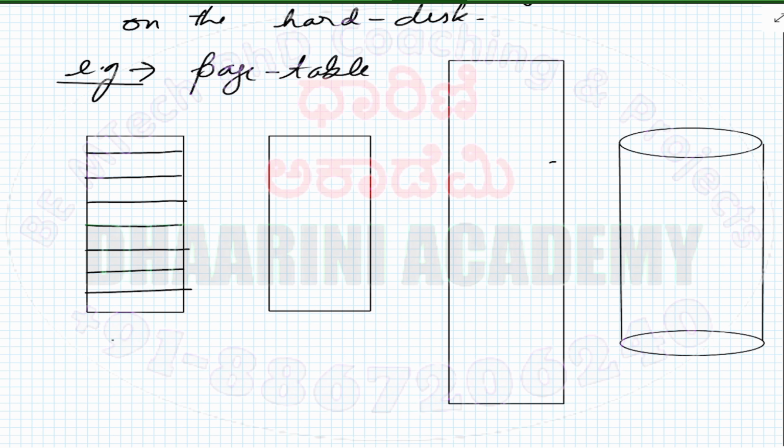So I'll write this as logical memory. Corresponding to this, the address should be continuous, so I'll write 0, 1, 2, 3, 4, 5, 6, 7. So totally 8 locations in the logical memory.